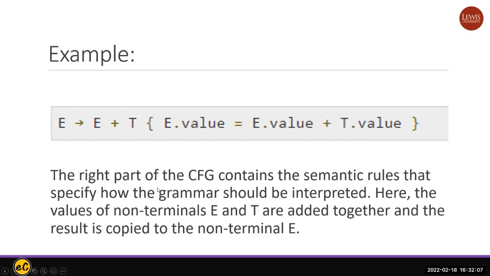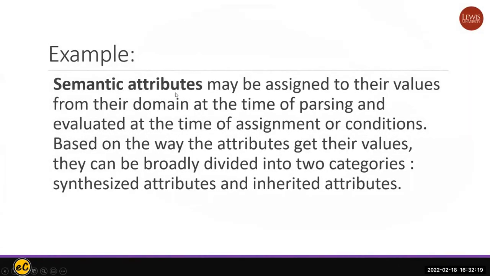The right part of the context-free grammar contains the semantic rule. Okay, these are only the value part, and the non-terminal node may have more attributes. So let's continue. Semantic attributes may be assigned their values from their domain at the time of parsing and evaluated at the time of assignment and conditions, based on the way the attributes get their values. So we actually divide the attributes into two types.